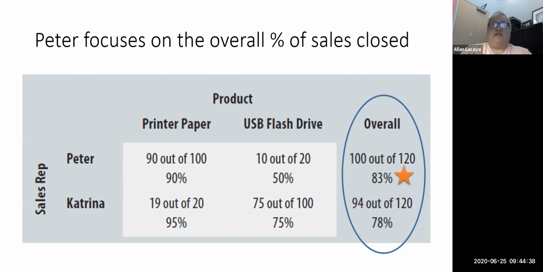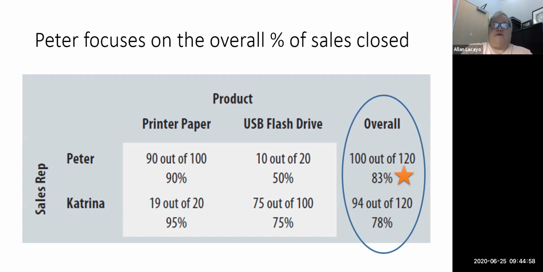Peter is examining the overall frequency of closing deals, and he closes 100 deals out of 120, whereas Katrina only closes 94 out of 120. So overall, Peter seems to be a better closer.